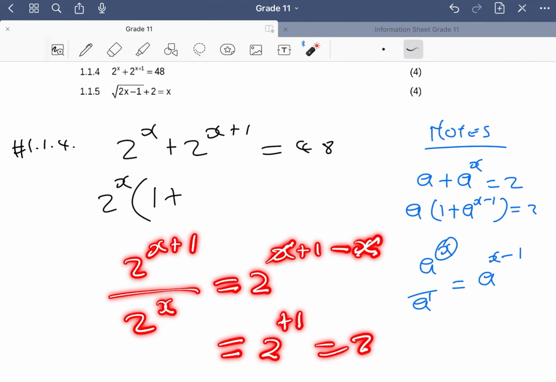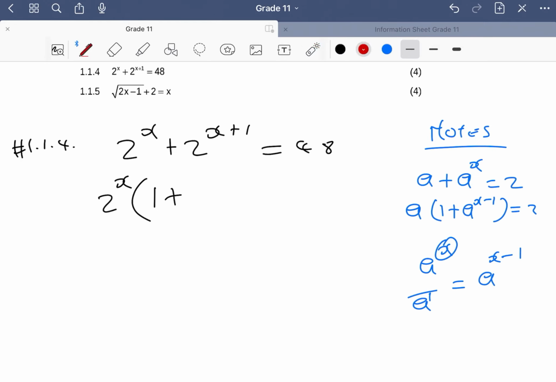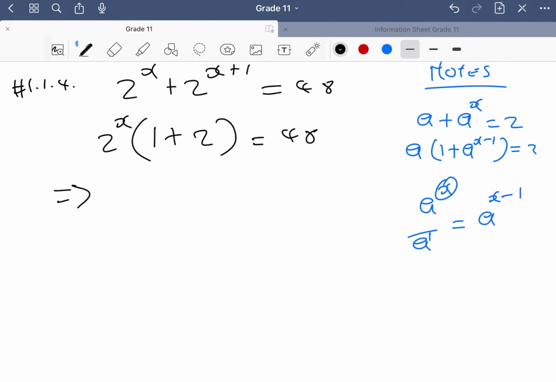Okay, so 2^(x+1) over 2^x is just equal to 2. So you write that down, so you have 2^x times (1 + 2) is equal to 48, that's 2^x times 3 is 48.